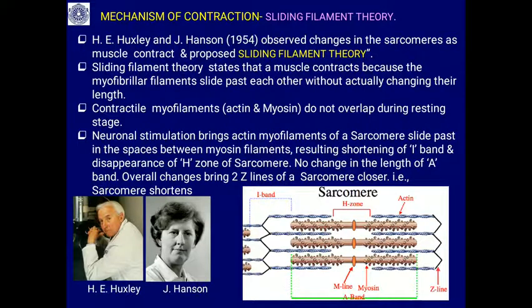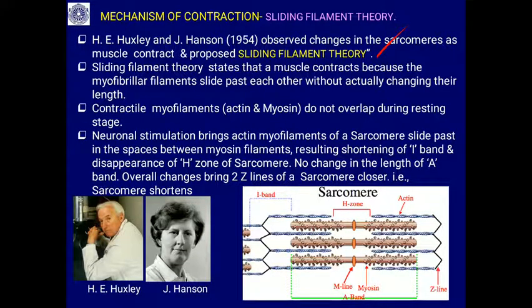Now, how exactly does the mechanism of contraction work? In 1954 itself, Hugh Huxley and Jean Hanson observed the changes in the sarcomere during contraction under the electron microscope and also in X-ray studies. They proposed the sliding filament theory, which is very famous.